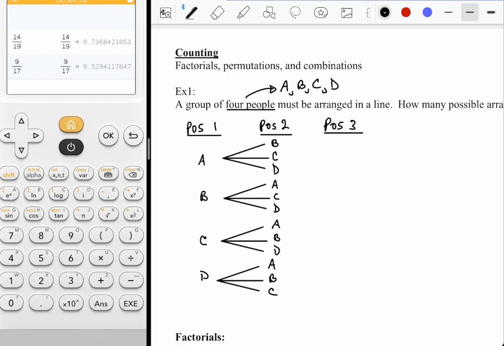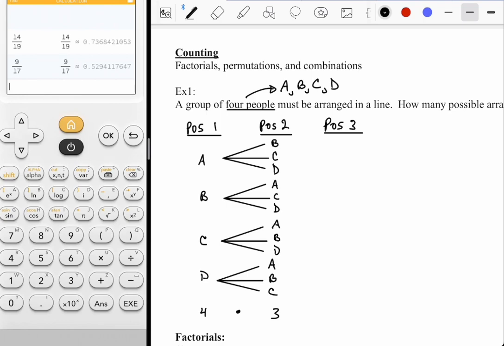Position 1 had four possible outcomes. Position 2 had 3. And we have a total of 1, 2, 3, 4, 5, 6, 7, 8, 9, 10, 11, 12 outcomes. That must have come from taking the 4 and multiplying it by the 3.